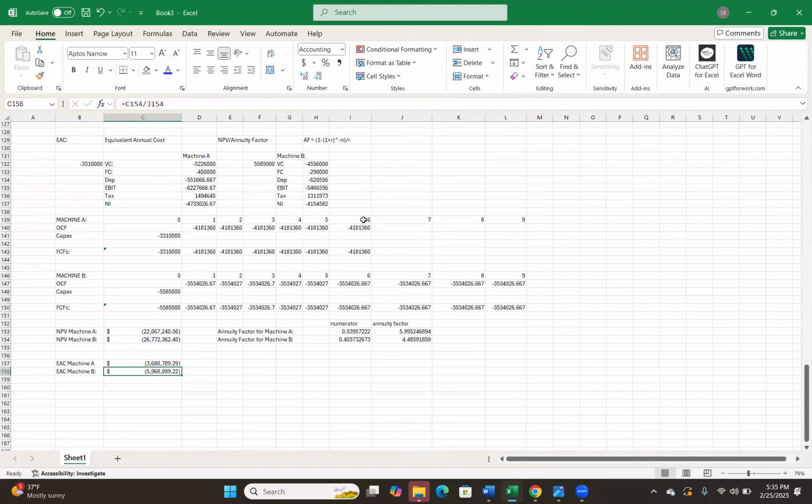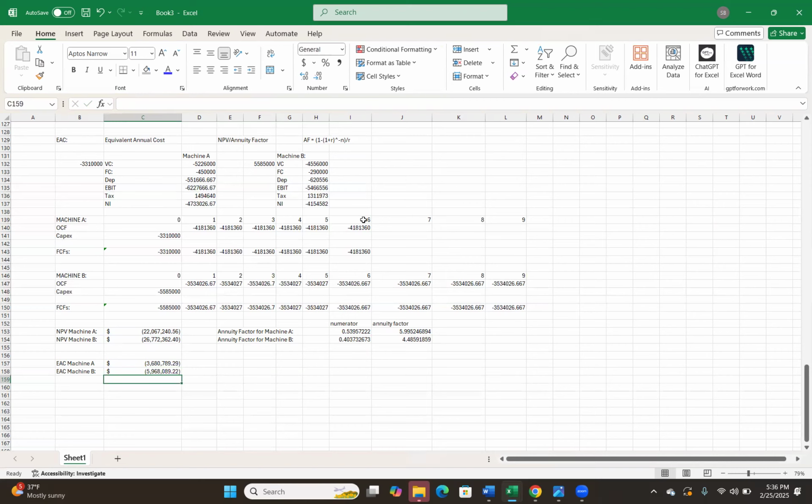Awesome. Okay. What's the decision rule for equivalent annual cost? One with the smaller annual cost should be the one we accept, I believe. Perfect. Yep. That is correct. Lowest EAC.